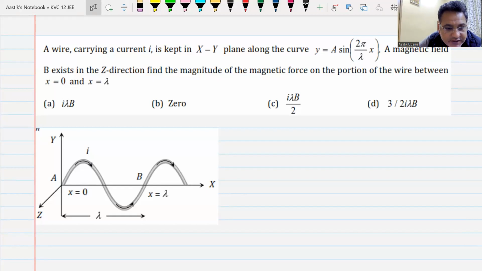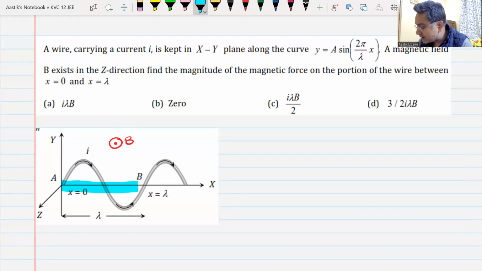How did you get option A? You have to find the force on this wire. This is a wire which is kept in a uniform magnetic field. If I had to draw the magnetic field, it will be coming out of the plane of the board along the z axis. The magnetic force on this random shape wire, this is not a random shape, this is a sine wave, will be equal to that on the wire if I join it like this, straight.